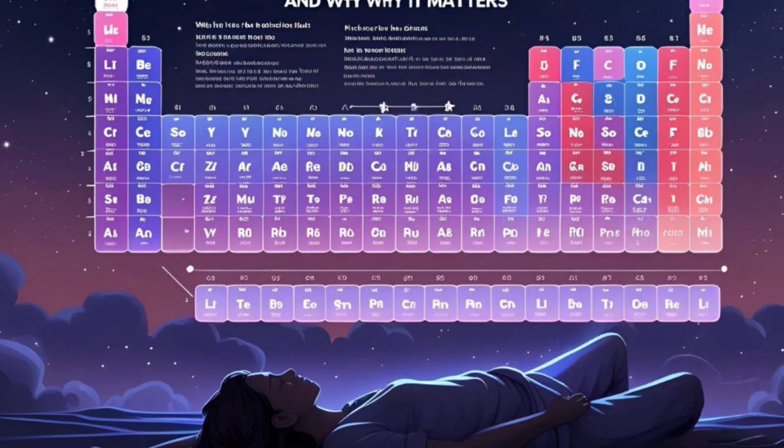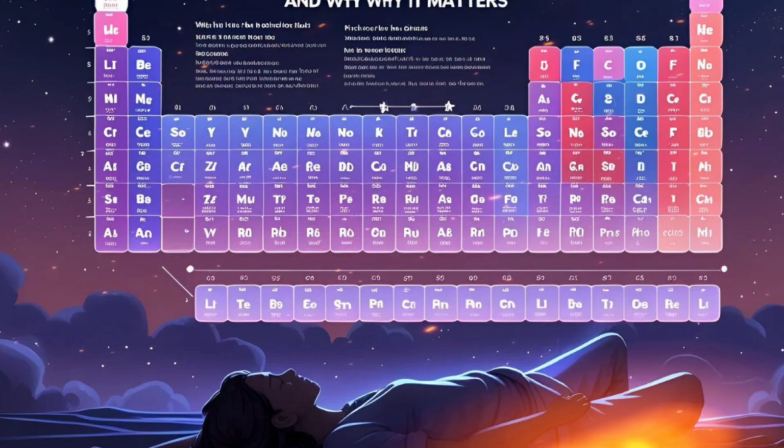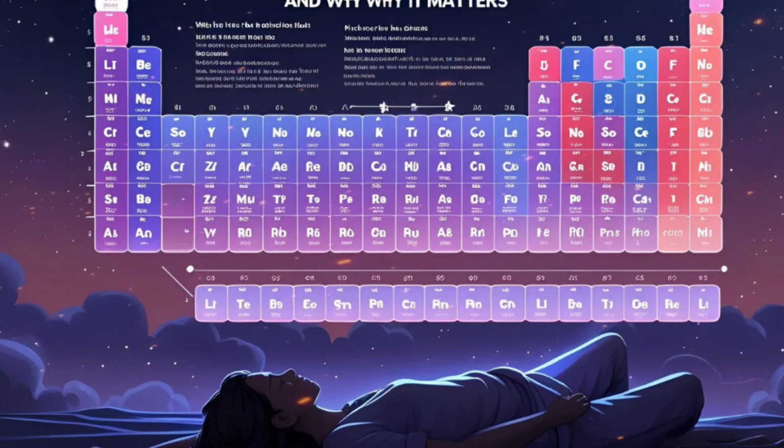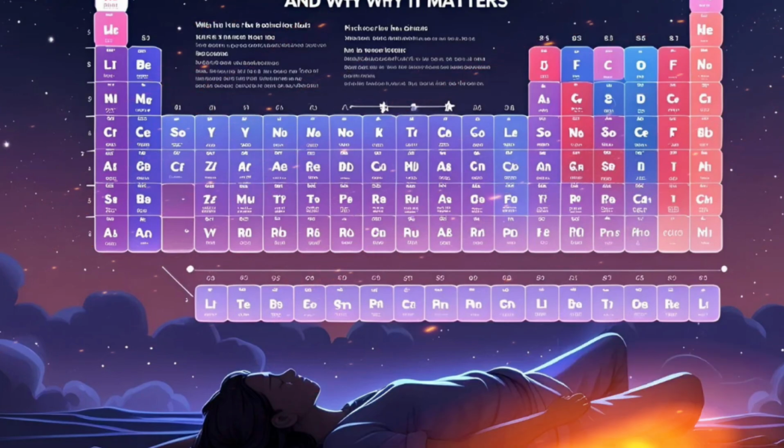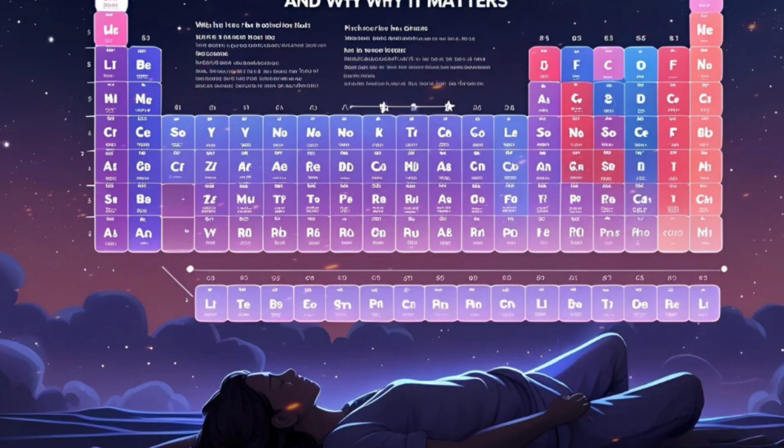Carbon sits at the top of the group and is exceptional in every way. It forms the backbone of organic chemistry and is the key structural element in all known life forms. Carbon atoms can bond with each other in long chains and complex rings, creating proteins, nucleic acids, carbohydrates, and fats.